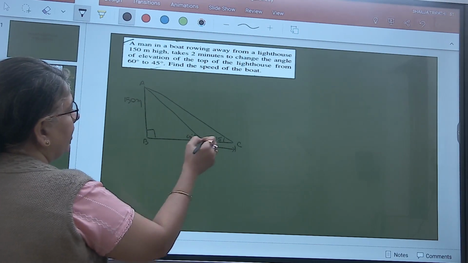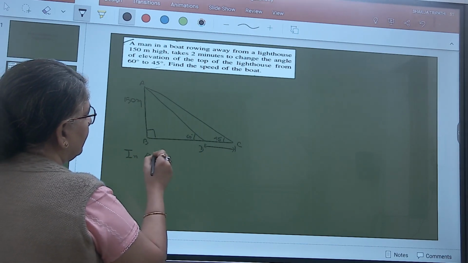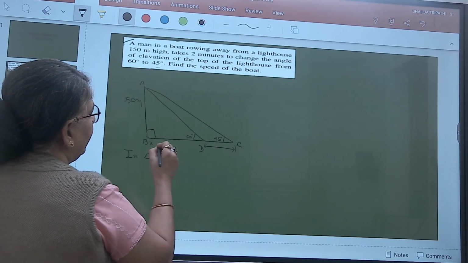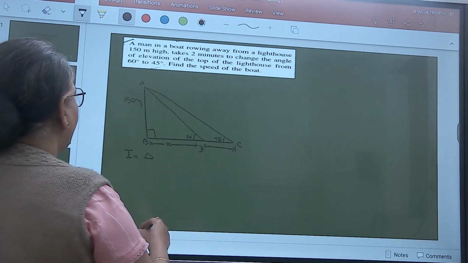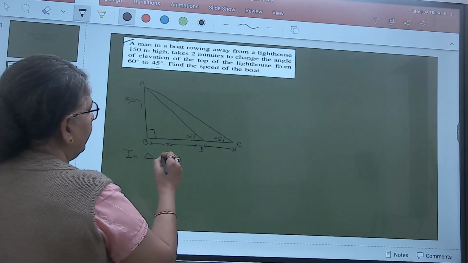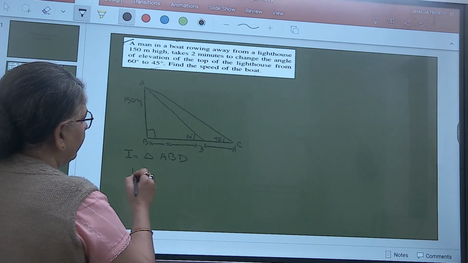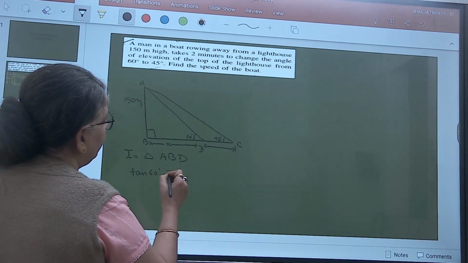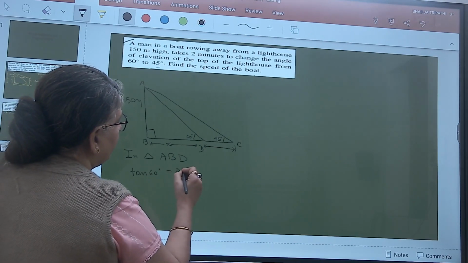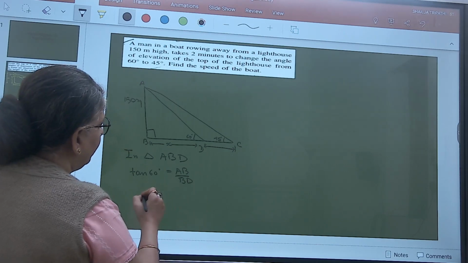Let's take this triangle ABD. So in triangle ABD, and let's take BD as X. In triangle ABD, we can write tan 60 is equal to AB upon BD. So let's put the value.